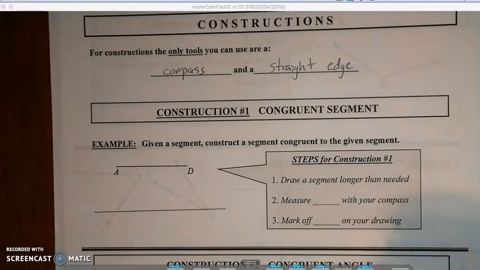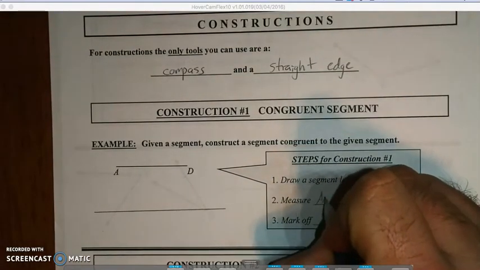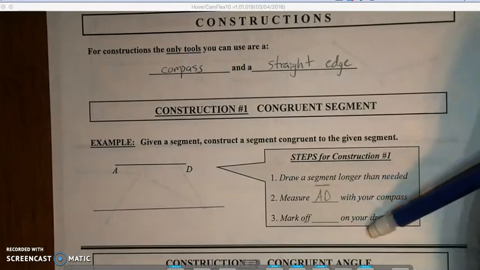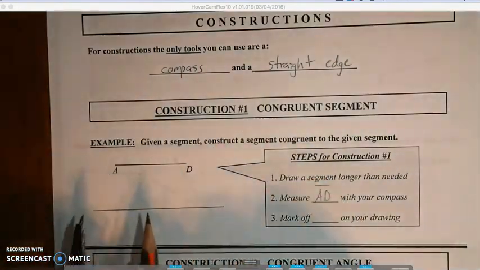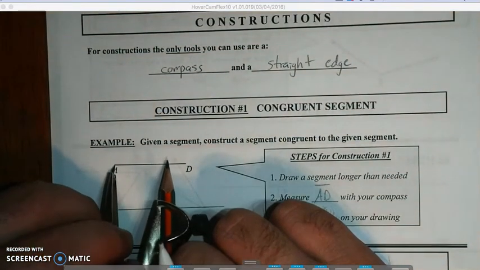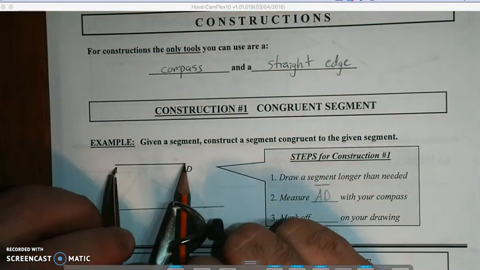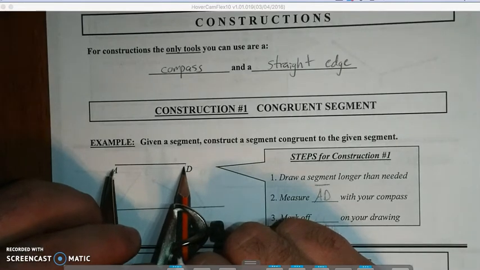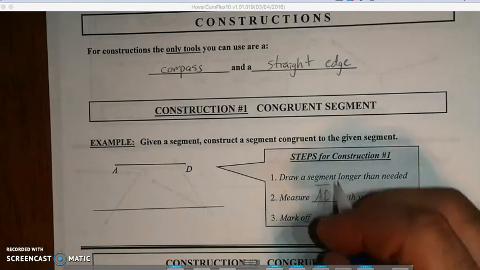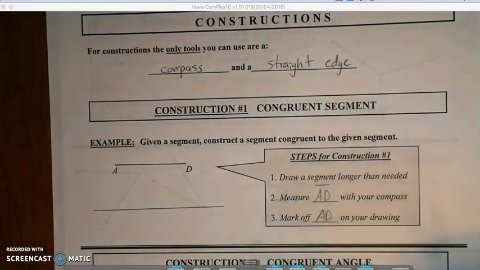And then to copy this, we have to measure segment AD using our compass. What that means is you open it up so it's as wide as AD, and then we mark off the length of AD on the drawing.